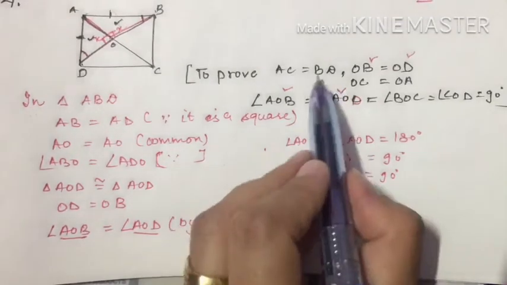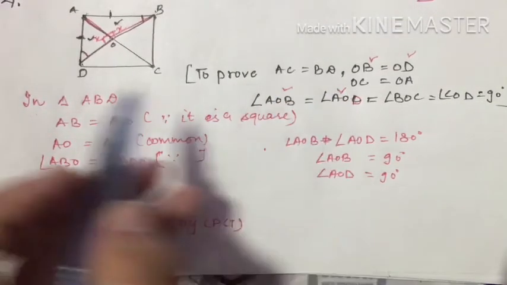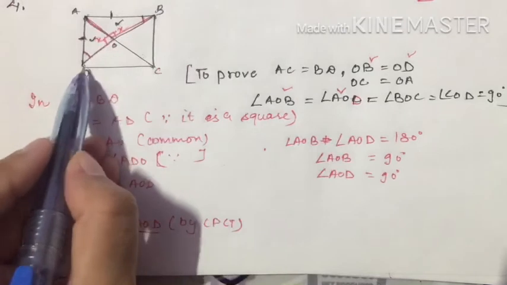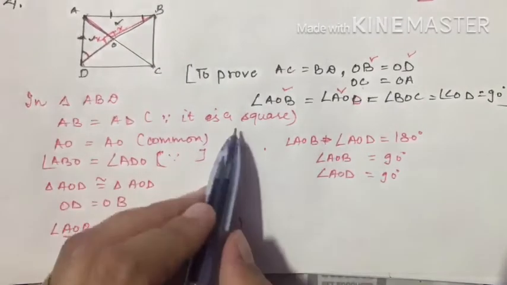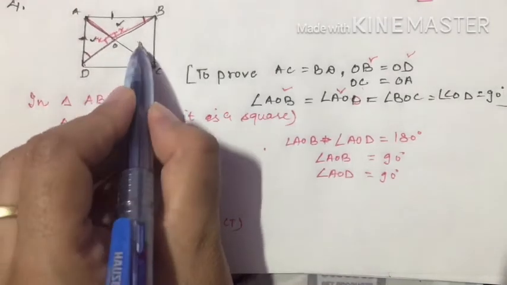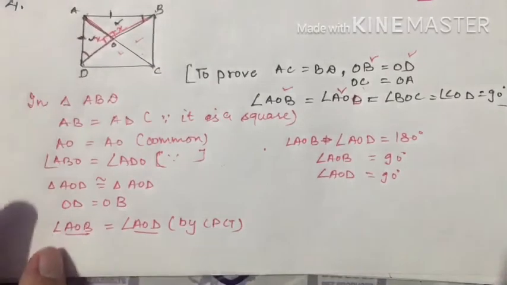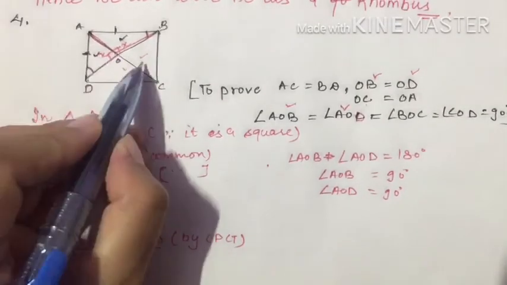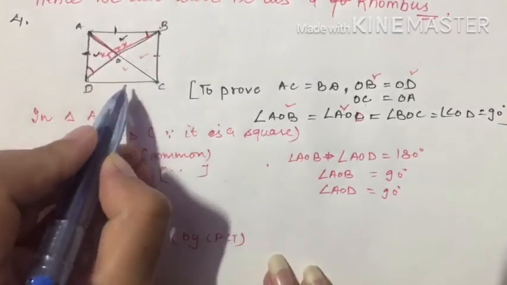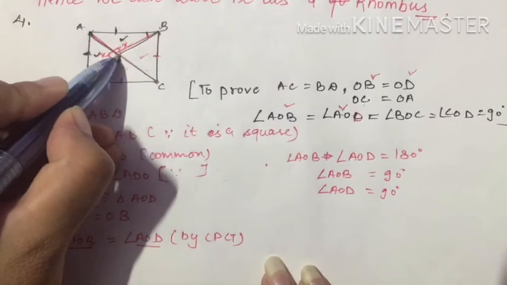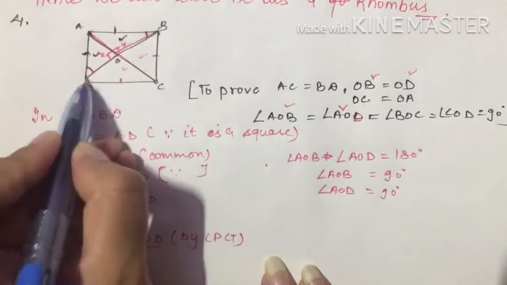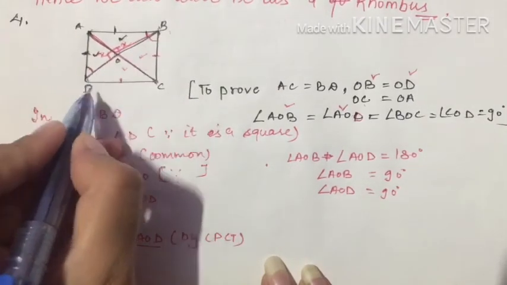Now what do I have to show? I have to show my AC is equal to my BD, and I have to show OC is equal to OA. This is what I have to prove. Now I will take this lower triangle. I will take these two triangles. Because this is a square, these two sides will be equal. This will be common. Now this will be an isosceles triangle. This angle will be equal to this angle.